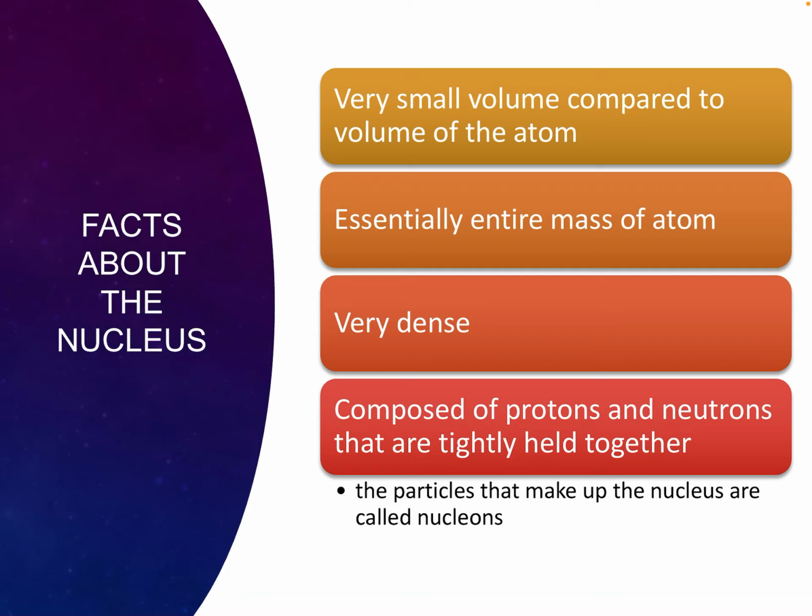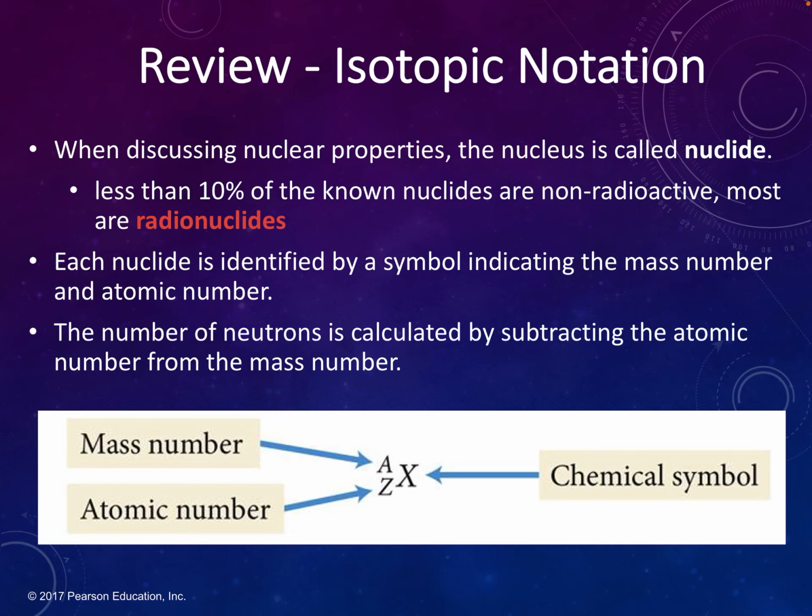That nucleus is composed of protons and neutrons that are held super tightly together, really compact. And just as a side note, the particles that make up the nucleus are called nucleons. So if you hear me refer to them as nucleons, I'm talking about both the protons and the neutrons. I didn't say neutron wrong or nucleus wrong. That's what we call the particles in the nucleus.